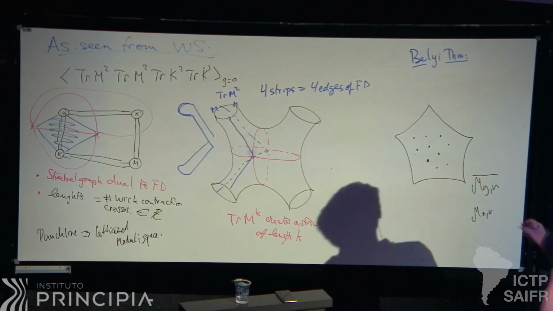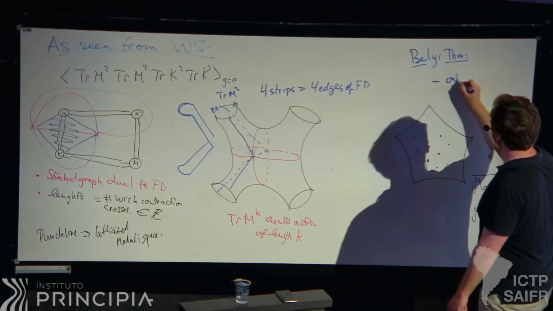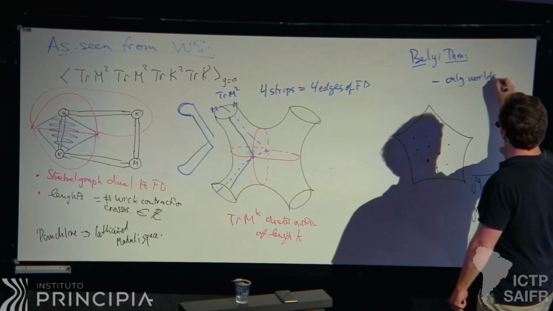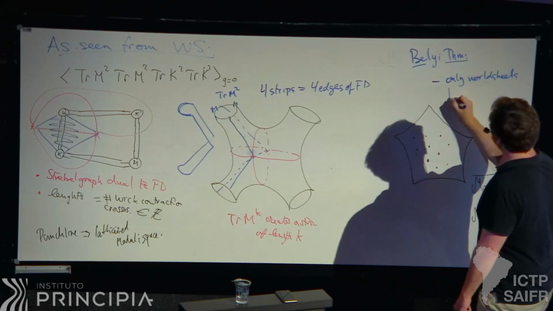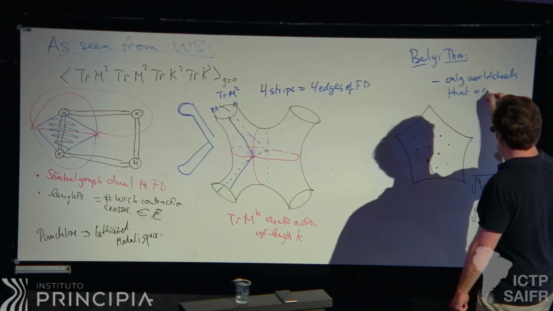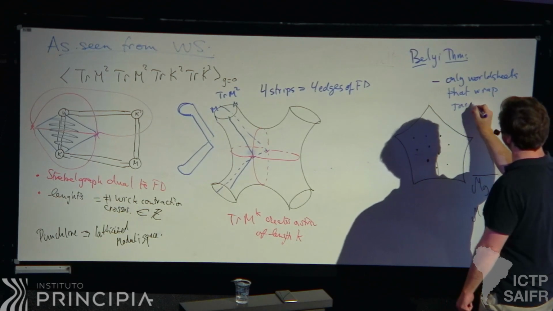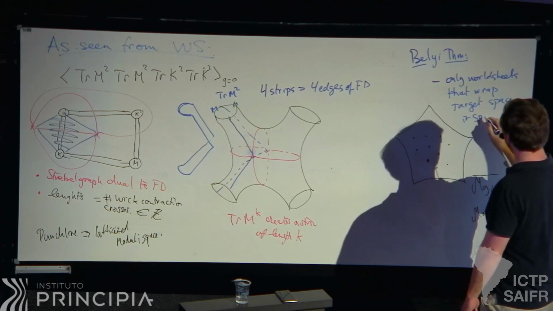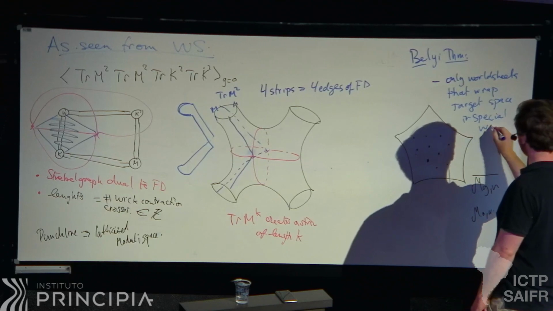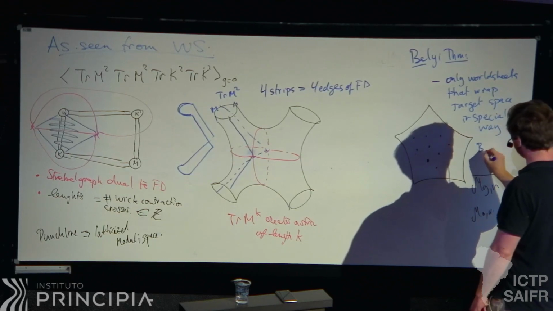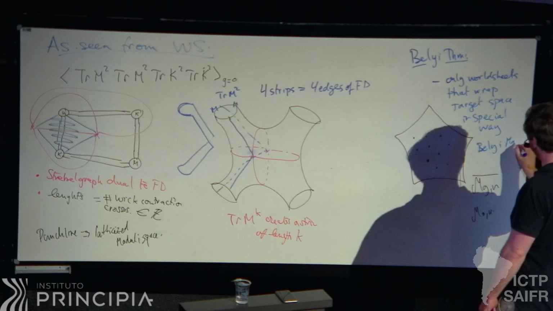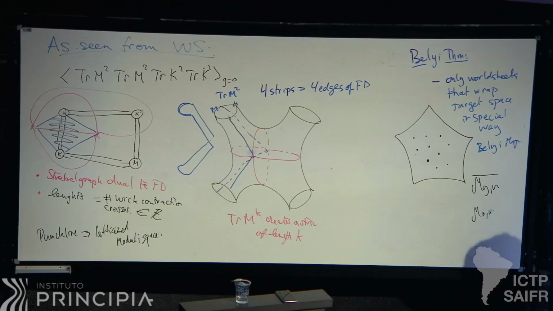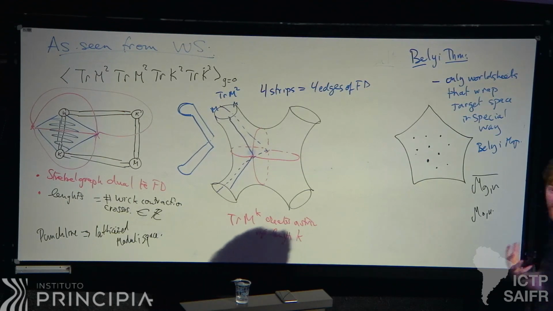For us, the reason we like them is that it turns out they are the only world sheets that are going to wrap the target space in a very special way. And that way is what's called a Belyi map. The reason this is important is that these Belyi maps are holomorphic covering maps of a target space sphere branched over exactly 3 points.